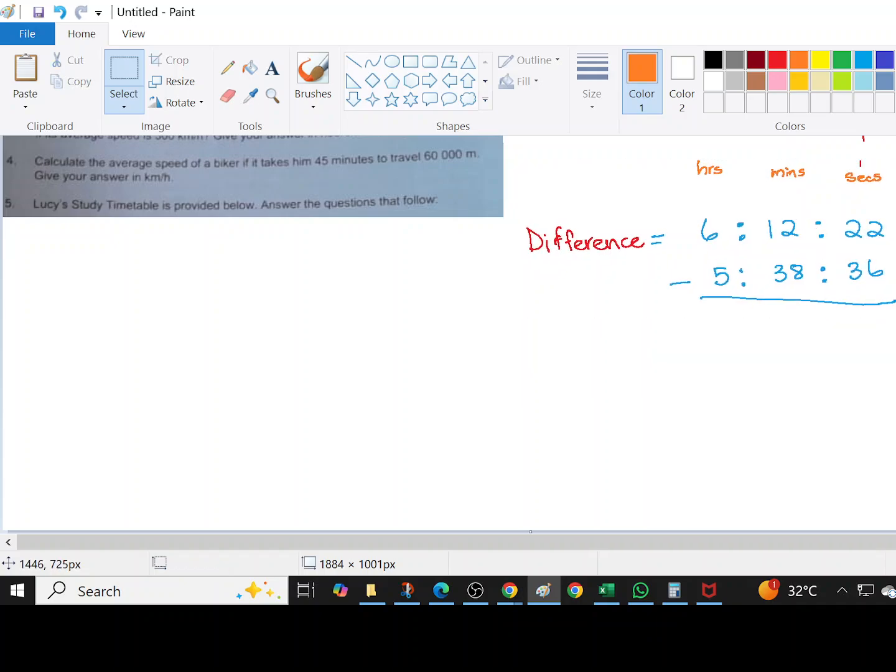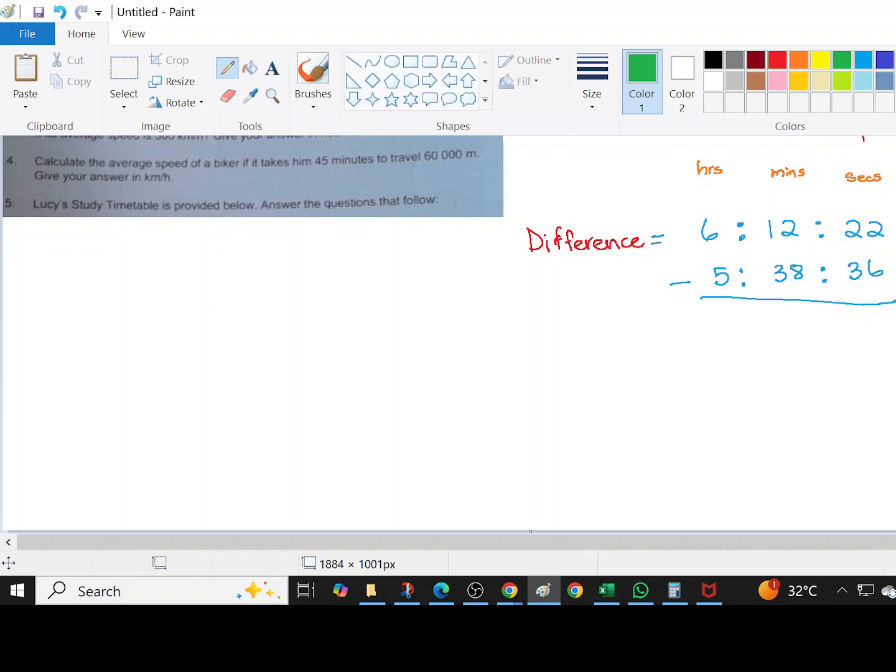So, this is what you see here. Hours, minutes, and seconds. Now, when your seconds on the top is less than the one at the bottom, you've got to go borrow, right? In a normal subtraction sum, you've got to go borrow. Am I right? Yes, ma'am. Okay.